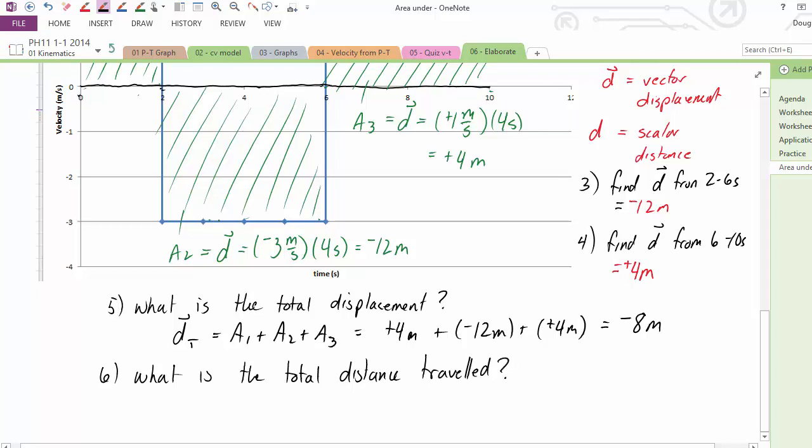So, distance, we are not too concerned about direction, so we don't really care if it's positive or negative. We just want to know what happened. So one way I'd say it is it's area 1 plus area 2 plus area 3, ignoring negative signs.